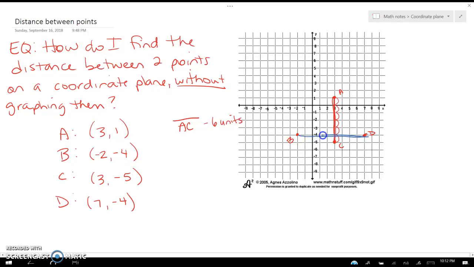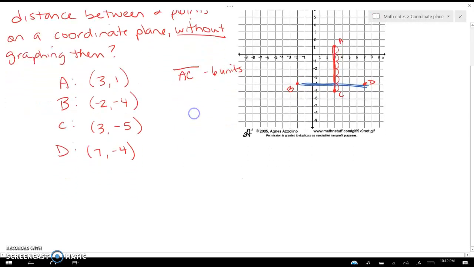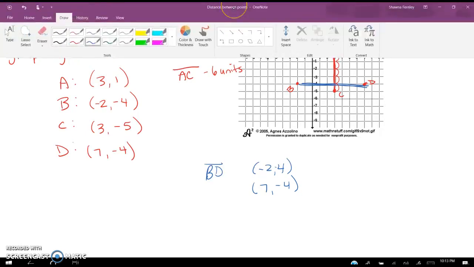So let's look at B and D. Let's scroll a little bit. So I want to know the distance between points B and D. So I have B, which is -2, -4, and I have D, which is 7, -4. Now if you see, the y values are the same.